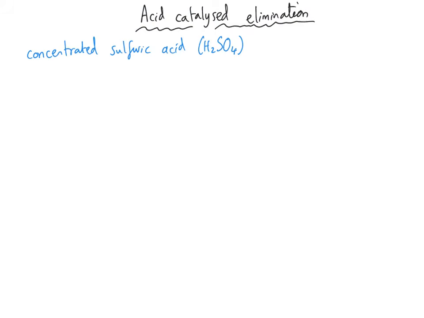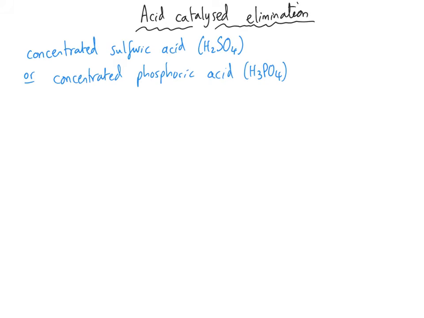Now, for A-level chemistry questions, it is more likely that you will be asked about elimination using a concentrated acid catalyst. And so this acid-catalyzed elimination normally happens using concentrated sulfuric acid, but you could alternatively use concentrated phosphoric acid, or phosphoric 5 acid as it is often called.